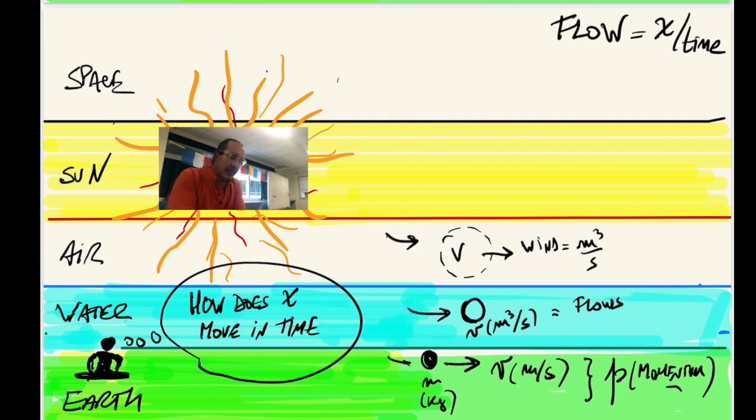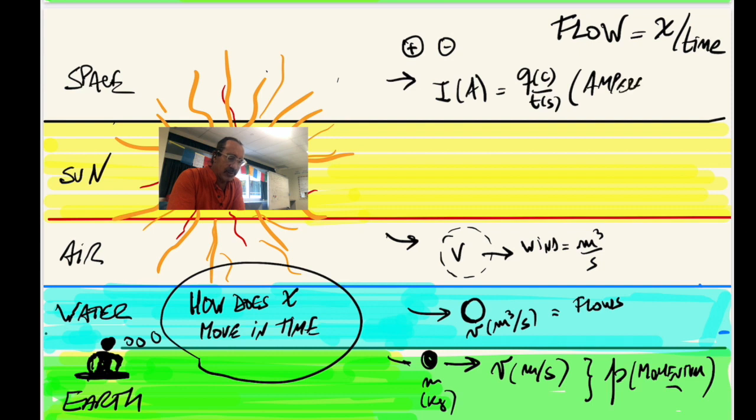So this idea of motion applied to bodies also applies to charges. When we have a positive charge or a negative charge, either way, that is moving in time, we call that a current. And that flow of charge, which is the charge over the time, is measured in amperes. The current in a circuit is the ampere.